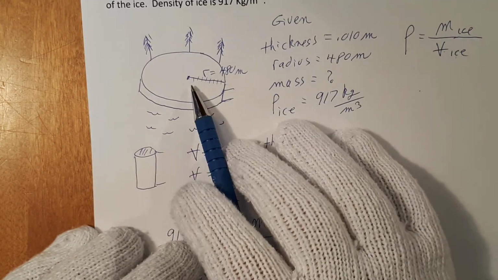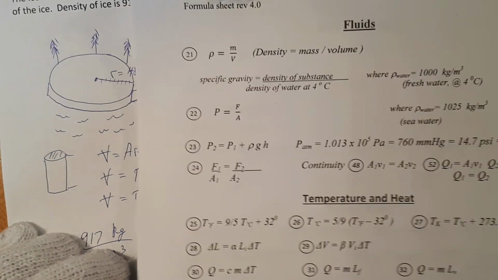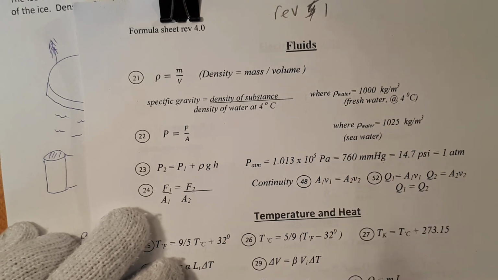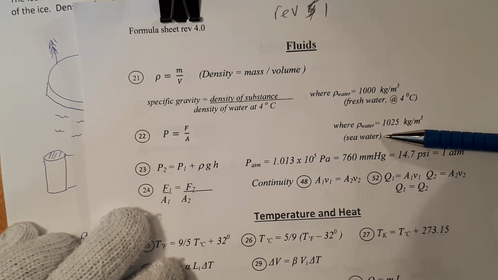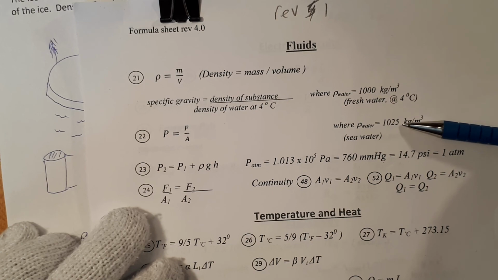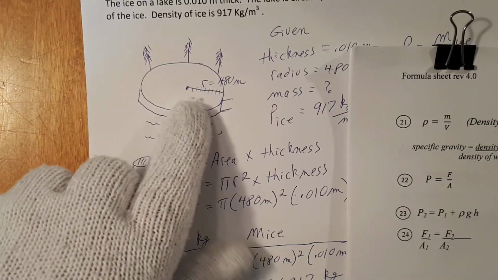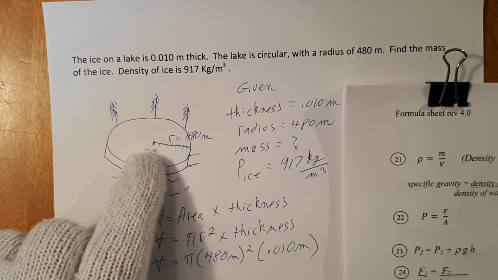Now let's have a look at this. The ice itself, and back to our equations. Here it says the density of fresh water is 1,000 kilograms per cubic meter. And the density of seawater, having salt in it, has a slightly greater density of 1,025 kilograms per cubic meter. This being a lake, say in northern Ontario, it's going to be fresh water.